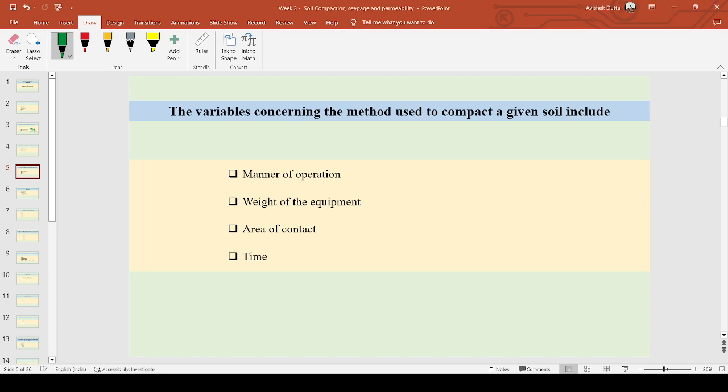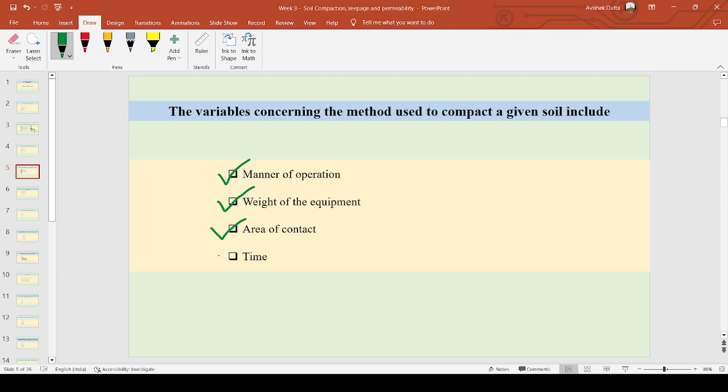Variables concerning the method used to compact a given soil include. If you want to compact a given soil, then the manner of operation will be taken into consideration. How are we operating the compaction? Whether it is rollers, rammers, kneading, pressure, what is the weight of the equipment, that will be taken into consideration. What is the area of contact is also taken into consideration.